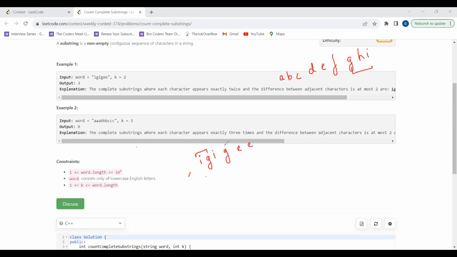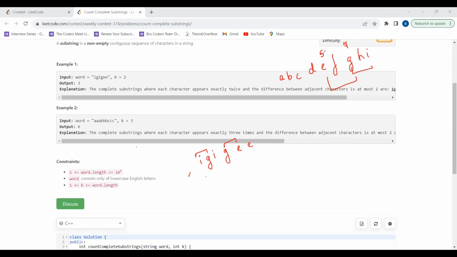Now, what's the difference between G and E? It is again 2.